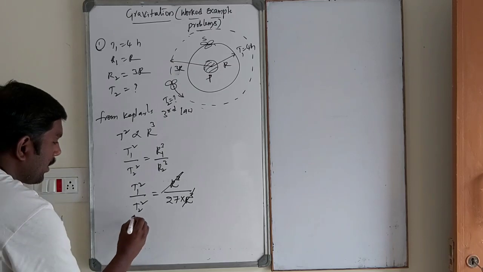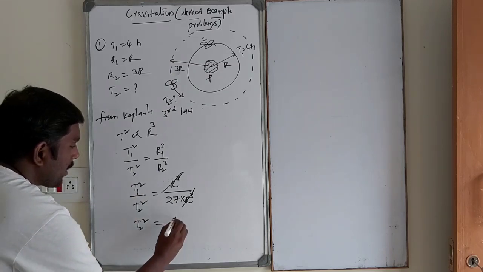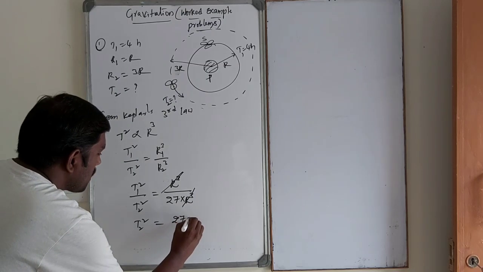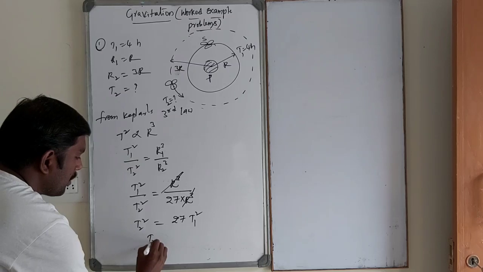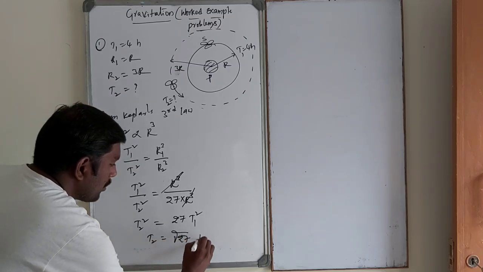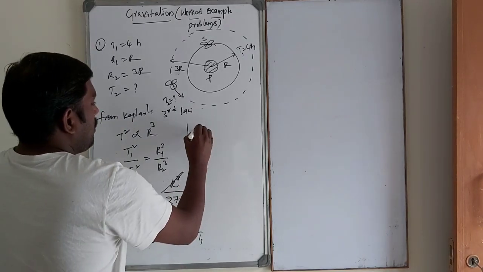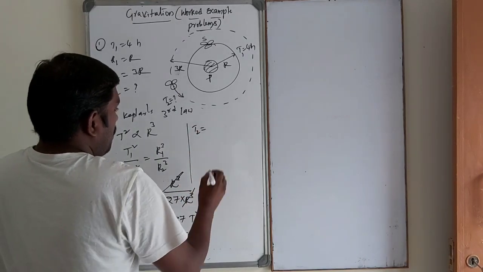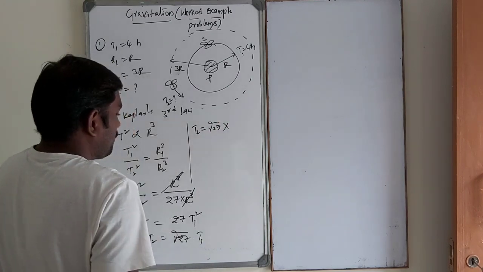So ultimately, what is the value of T2? On cross multiplication, T2 square is equal to 27 into T1 square. So T2 is equal to root of 27 into T1.